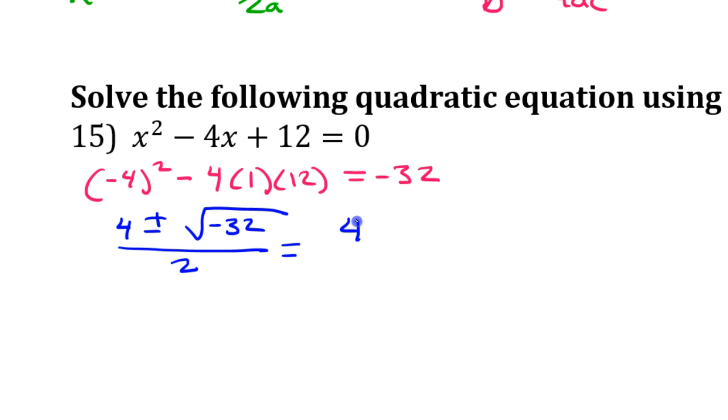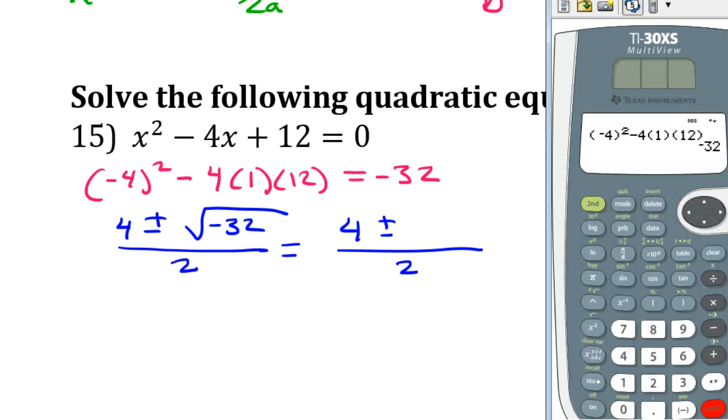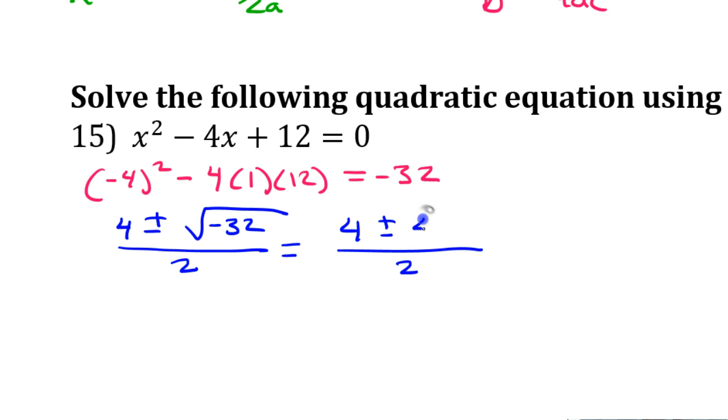So I'm going to have 4 plus or minus. I know I'm going to have i. So forget the negative for a second, and what's the square root of 32? Well, that's 4 radical 2. So that means because of the negative, it'll be 4i radical 2.